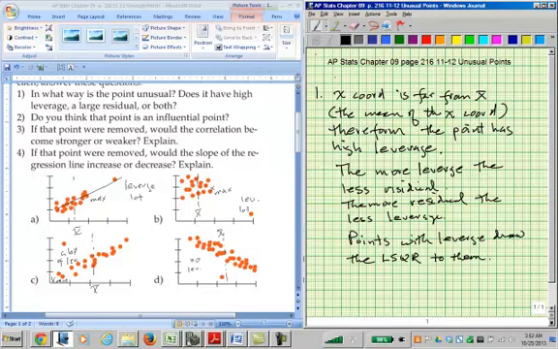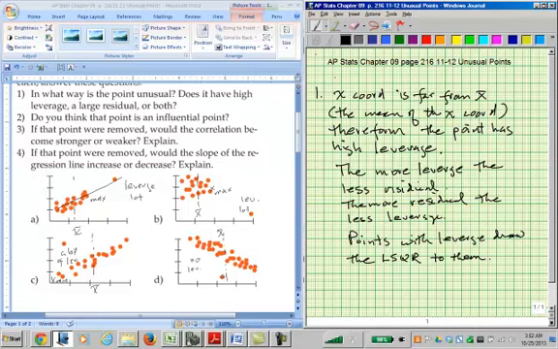Now, this point has high leverage because it's out on the x, because it's separate from the x-coordinates. This point has high leverage. This point has a bit of leverage, some leverage, not much.